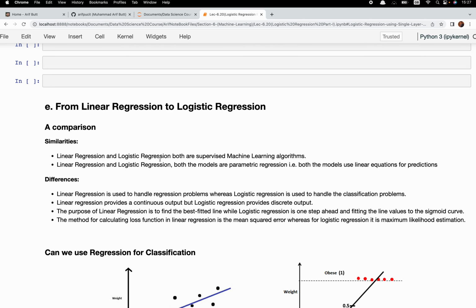Although named logistic regression, the algorithm is used to handle classification problems. Linear regression provides a continuous output, while logistic regression provides a discrete output. This is the second difference. The loss function in linear regression is sum of squared errors, while the loss function in logistic regression is maximum likelihood estimation. And soon I will be describing this in detail.